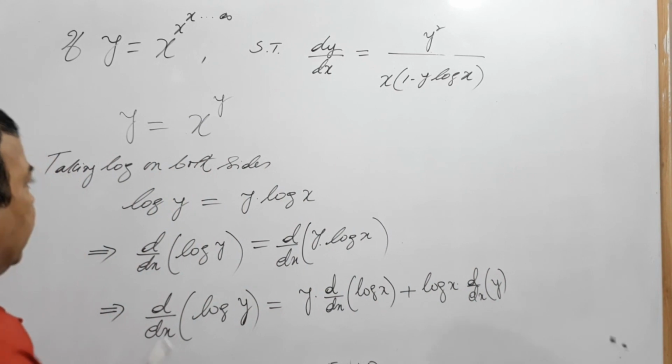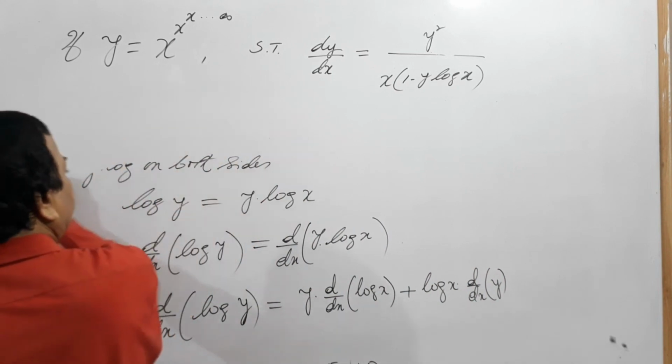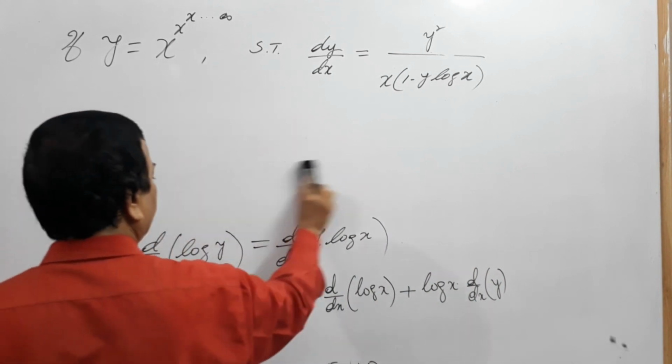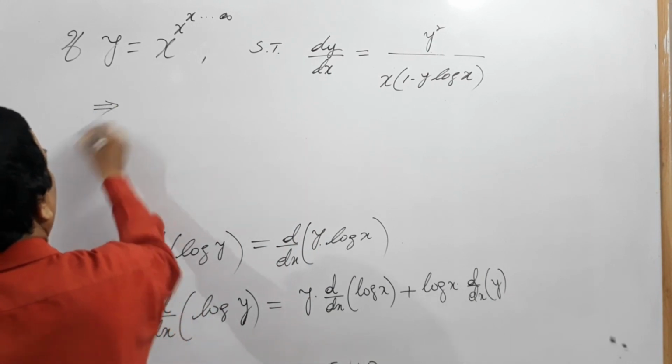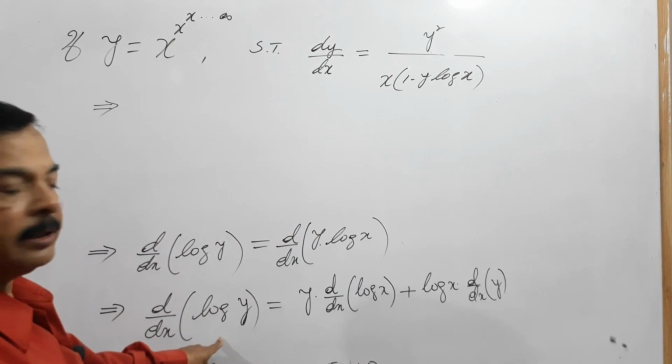So now we'll differentiate this. What happens here? d by dx of log y is 1 by y.